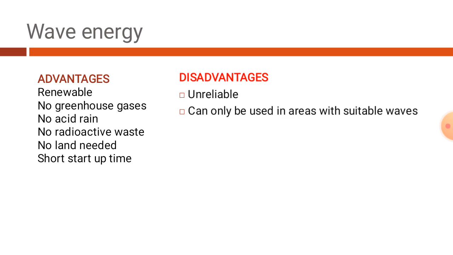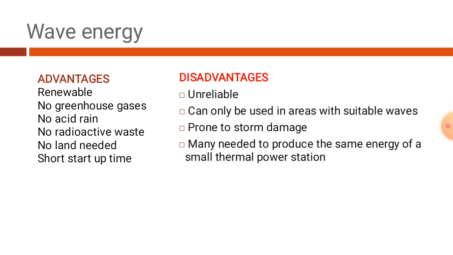What are the disadvantages? It's unreliable because nobody can predict the movement of the waves, what will be the frequency. It can only be used in areas with suitable waves. There are certain oceans, certain seas which don't even have waves on them. It is prone to storm damage.